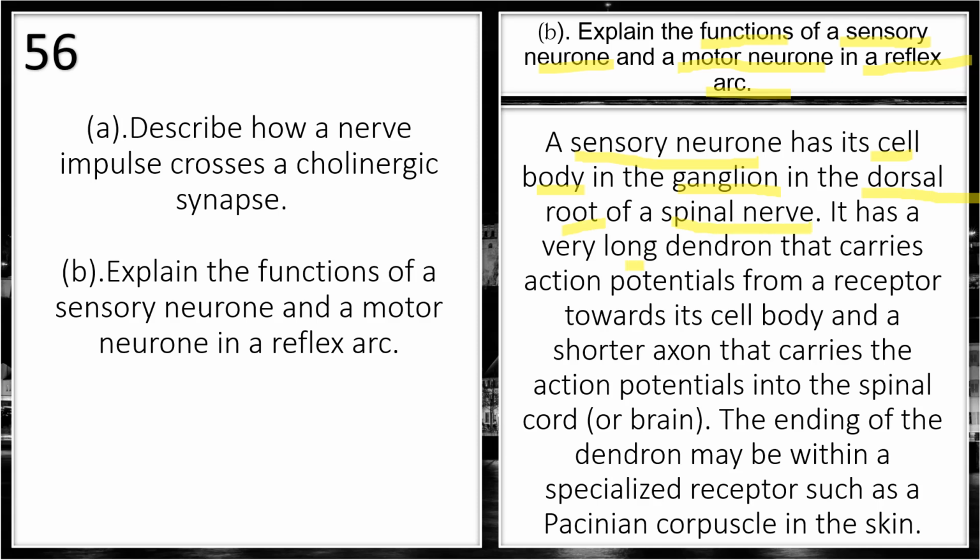It has a very long dendron that carries the action potential from the receptor towards its cell body, and a shorter axon that carries the action potential into the spinal cord or brain. The ending of the dendron may be within a specialized receptor, such as Pacinian capsules in the skin.